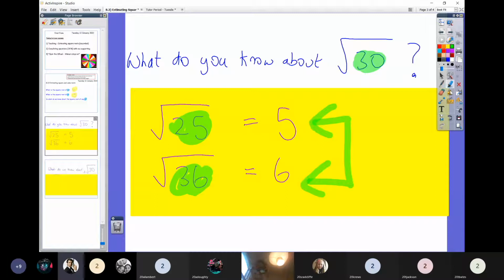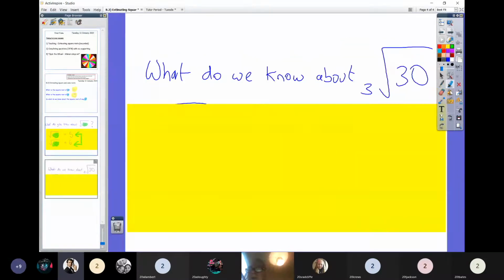Now I don't think we've got any that are this difficult in the few questions you're going to be doing, but if we were working out the cube root, remember what the cube root was? It's the number times itself times itself. The cube root of 24 is 3, because 3 times 3 times 3, sorry, I meant to say 27, not 24. The cube root of 27 is 3, because 3 times 3 times 3 is 27.